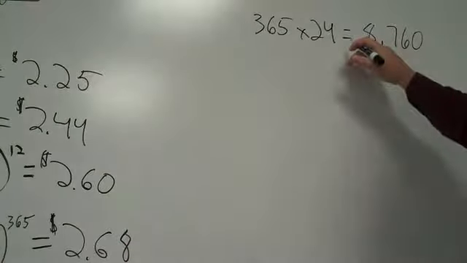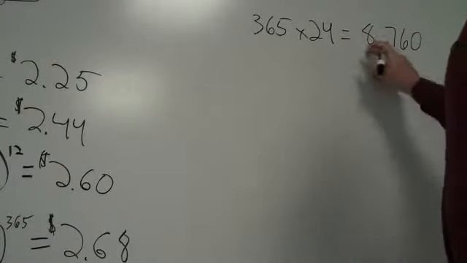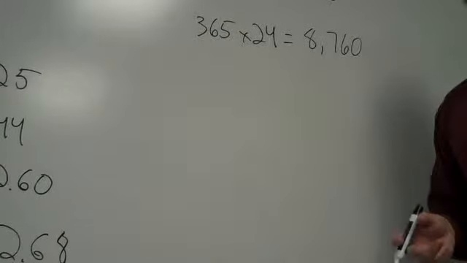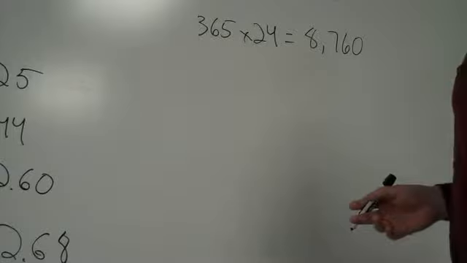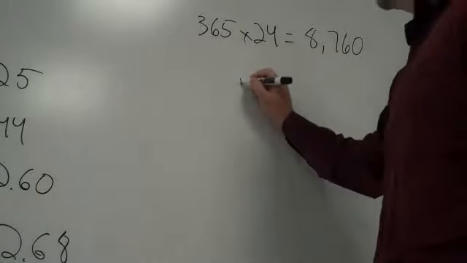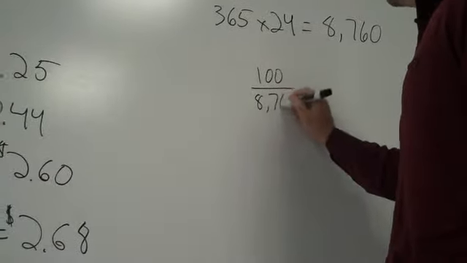Okay, I want to do this hourly now. I want to compound this every hour. So this is 8,760 times a year. I want to compound this. So, what's 100% interest divided by 8,760?